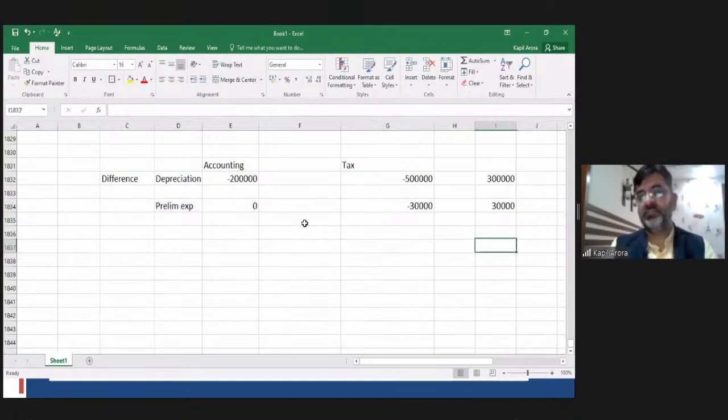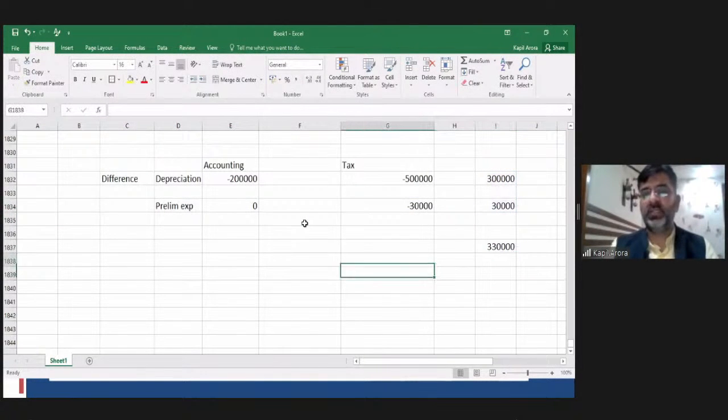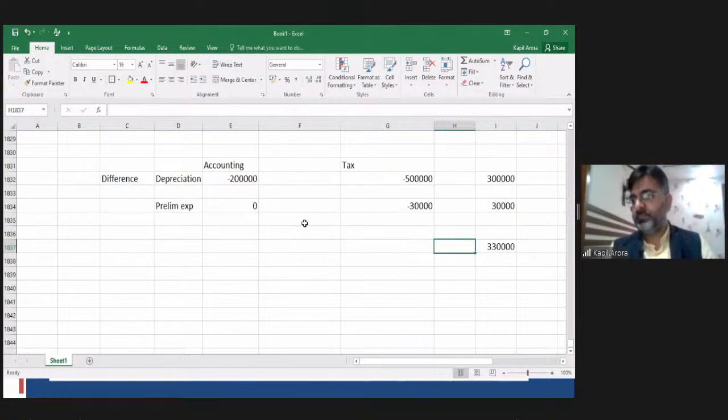So this difference which we are having creates a deferred tax liability.